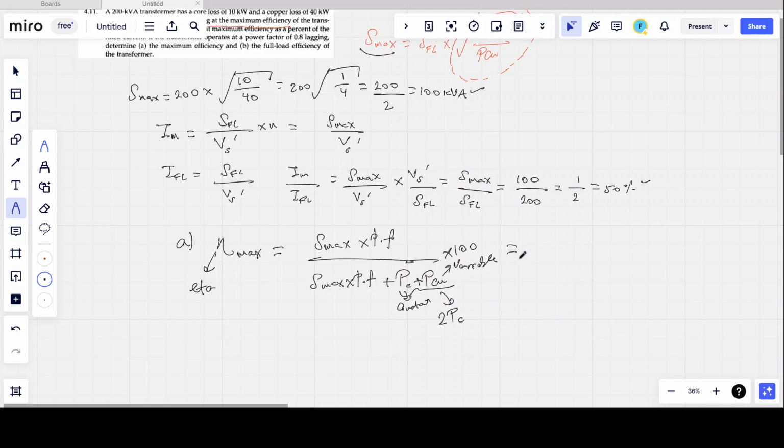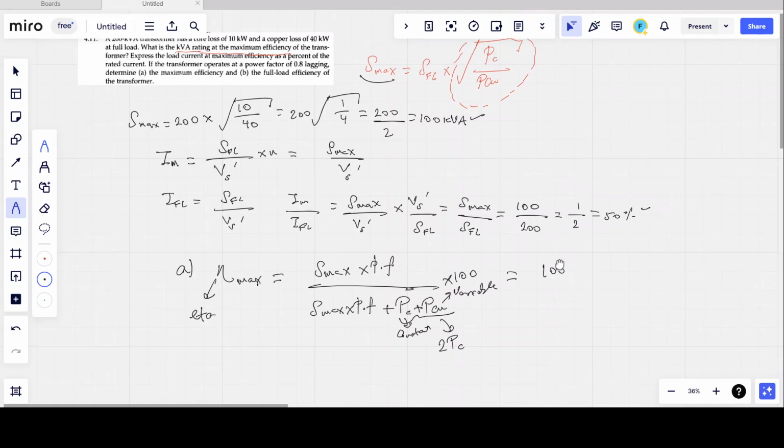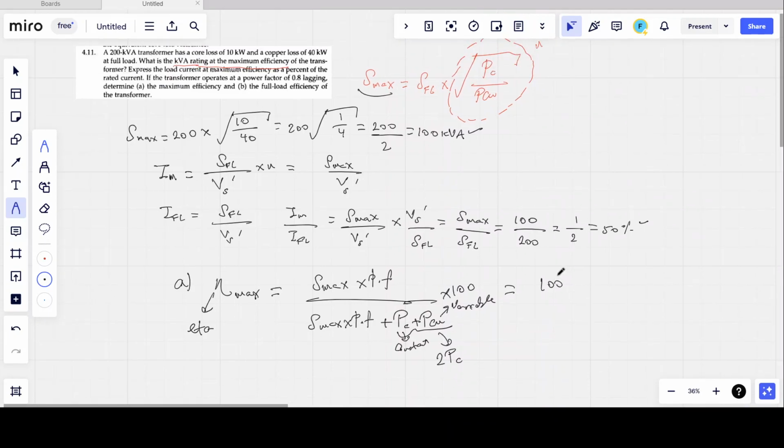In this case, we have S max already, which is 100 kVA. Since everything is given to us in kilo, I don't need to call it 100,000. I just call it 100.